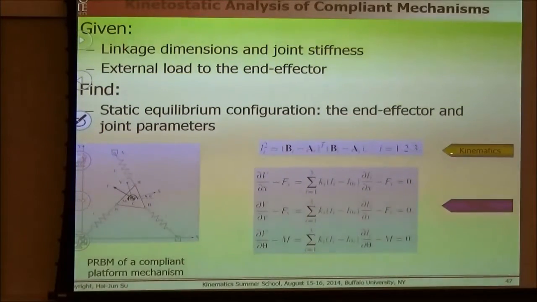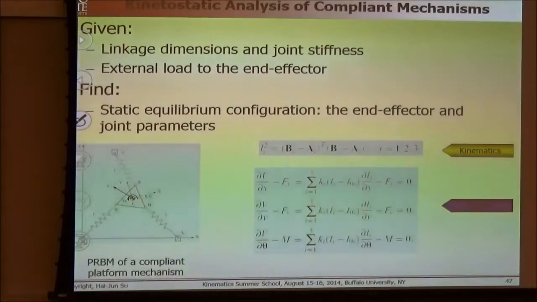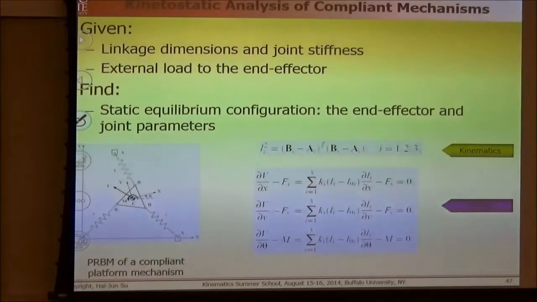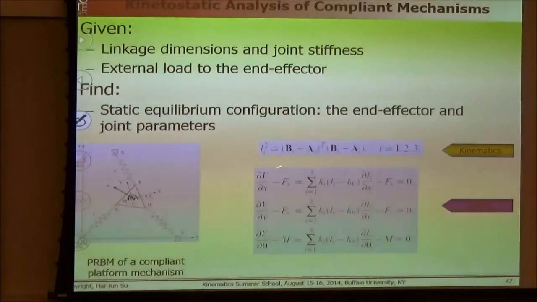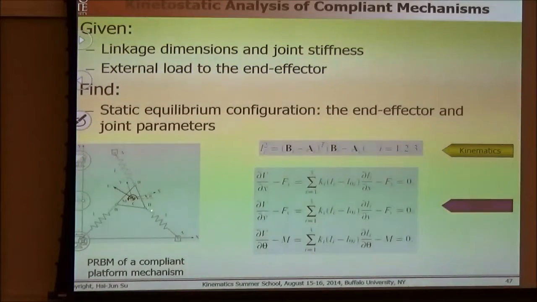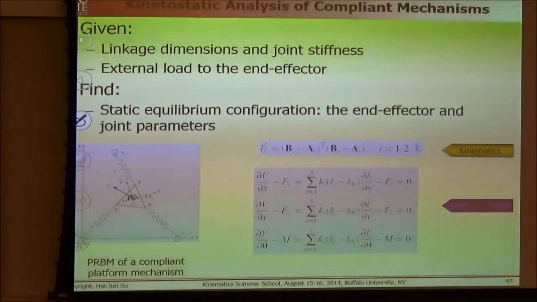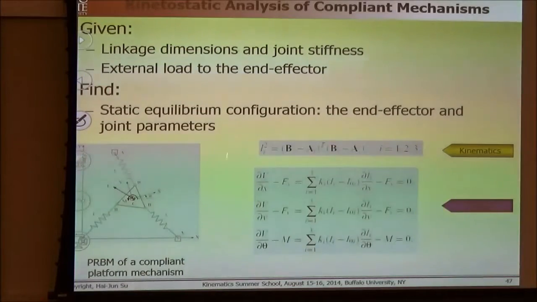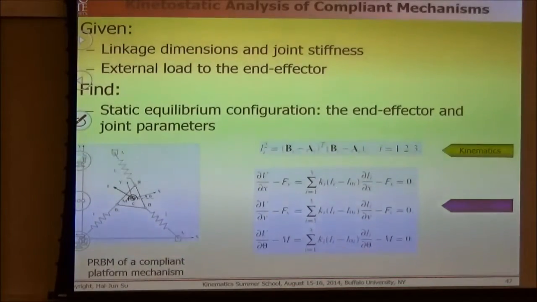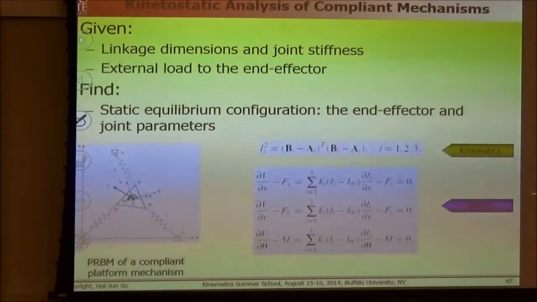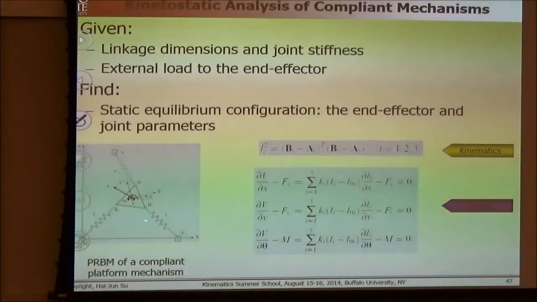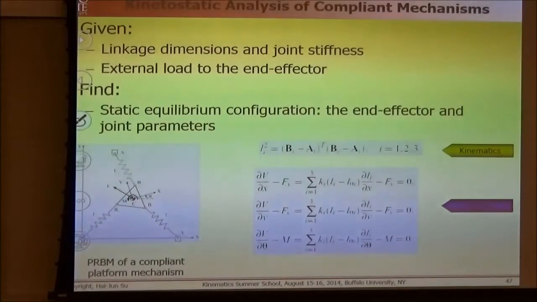You basically have three kinematic equations and three static equations. You want to solve them simultaneously to find the solution of the platform movement as well as the deformation of the limbs. For the kineto-static analysis problem, it's usually more complicated than the pure kinematic part because you have additional equations and additional unknowns, the deformation unknowns also.